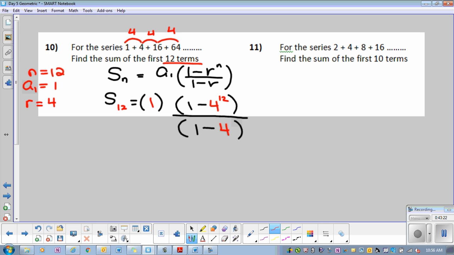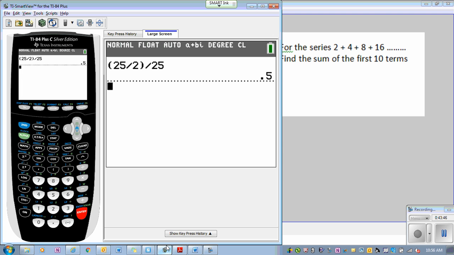So since it is this whole parentheses times your a sub 1, if I were you, I would put this in the calculator first. And then just times it by whatever your a sub 1 is. Then you never have to rewrite or retype anything. So let me show you what I mean. Because 4 to the 12th is a big number.